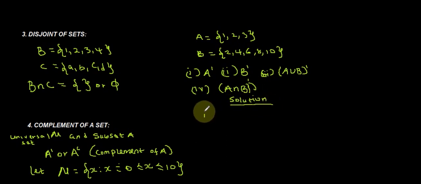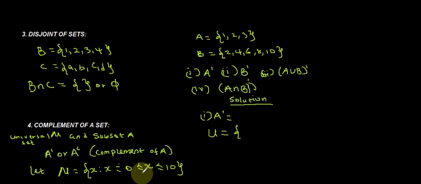The first one is A complement. Now when we are asked to find the complement of a given set, they are only saying check the universal set, check the given set. What is in the universal set that is not in the given set? So now let's first simplify our universal set because it was given to us as a rule, and I explained this.